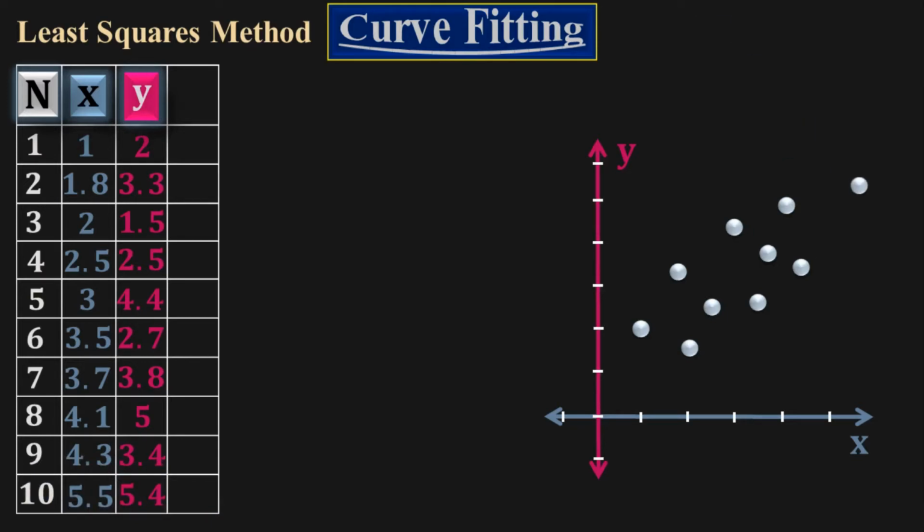Look, these are the points along the x-axis, and these are the points along the y-axis. So the very first point, my 1, which is this, is at positive 1 along the x-axis and positive 2 along the y-axis.